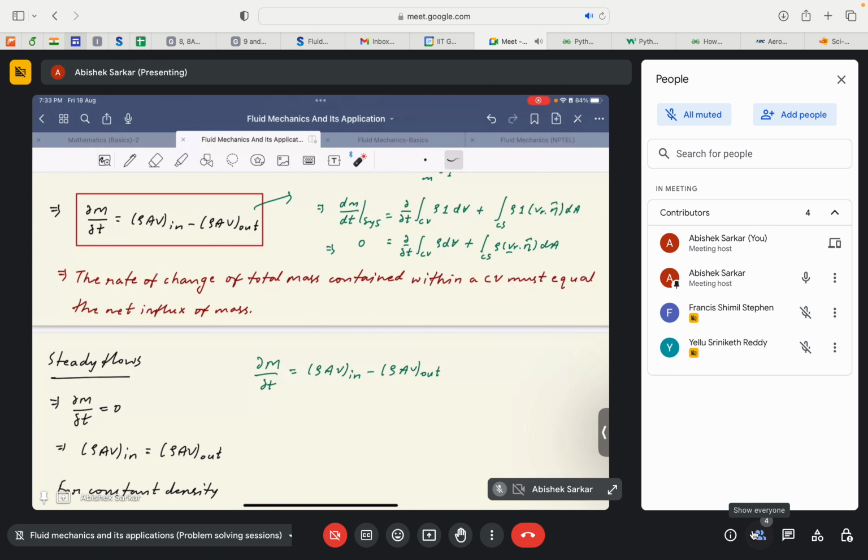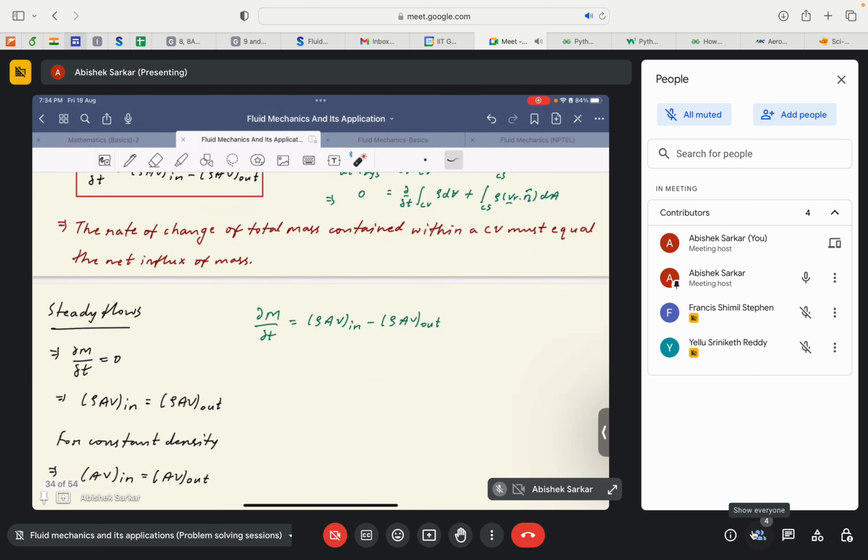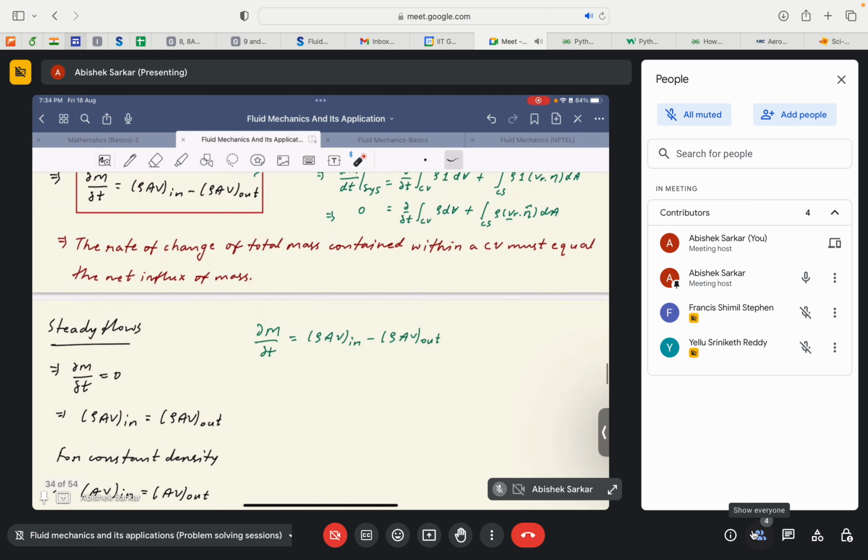If you want, you can stay. Otherwise, you can join after some time also. Since there is an agenda that I have to follow, I have to go through all the details first and then go to the problems. Is that fine? Yes, sir. Okay, thank you, both Francis and Sriniket.